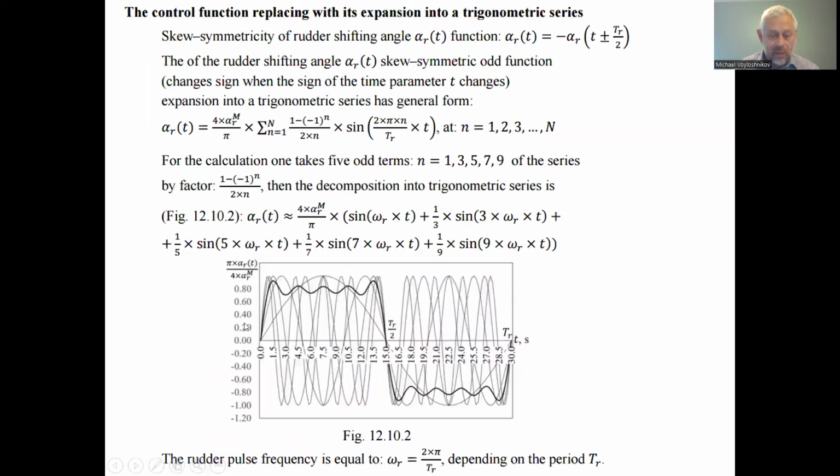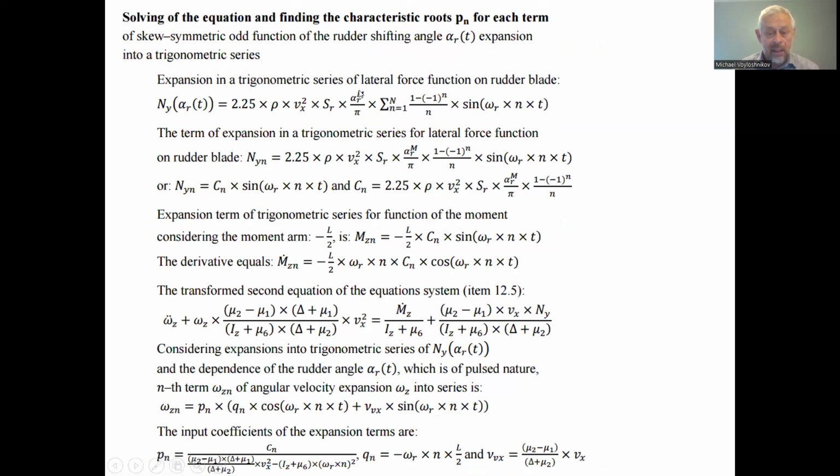This all. So this turn rudder function expansion into trigonometric series in the general form we consider here as the last one factor in the dependence on the transverse force on time, because this function as an expansion in the trigonometric series is the dependence on time. So this sine function within the terms of the trigonometric Fourier series is a time dependency.